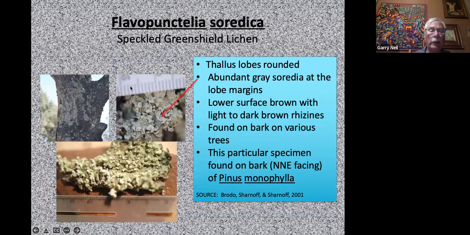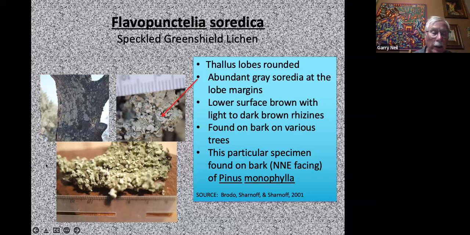Another lichen that is very common is Flavopunctelia soredica. This grows mainly on pine, and when you see it, it's just green, and you'll see these little white areas. It doesn't produce fruiting bodies, apothecia. Instead, it produces soredia in these little margins. And so here's all the soredia in these little white areas.